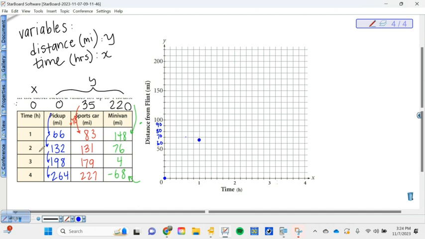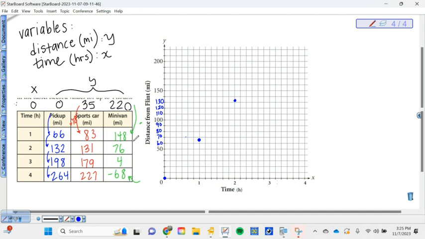And then at the second hour, the pickup truck is 132 miles away, so that's going to be up here. This is 110, 120, 130, so just above the 130 mark, right above the 2, so about right there.